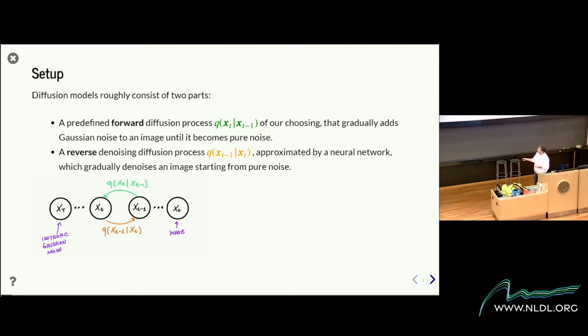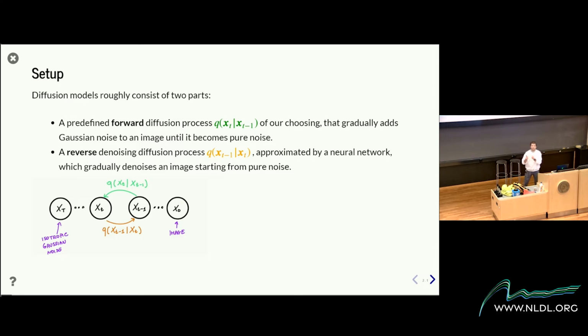At the end, we end up with something that is pure noise, x_T, where capital T is the total number of steps that we are doing in this process. Let's say 200 of these steps. Then we have the process that goes backwards. This is called the reverse denoising diffusion process, and this orange one is q of x_{t-1} given x_t.